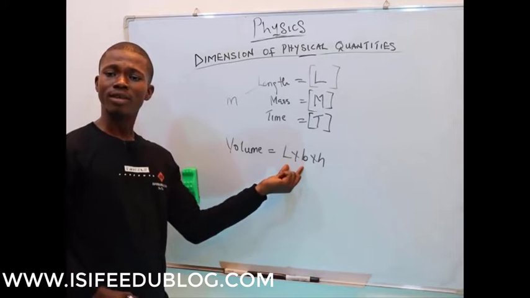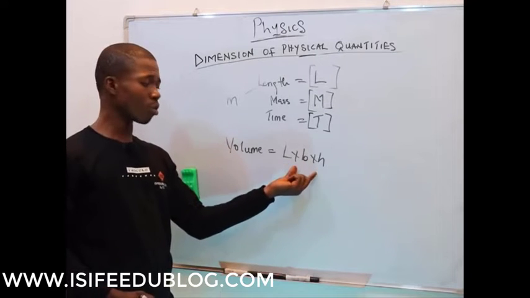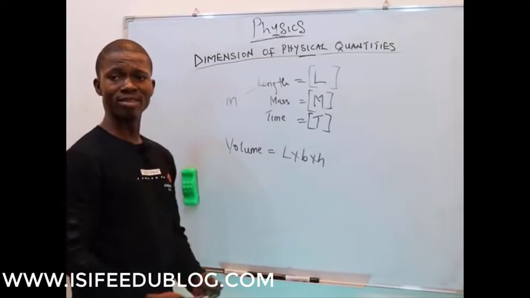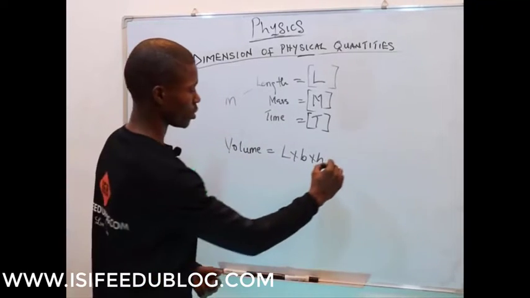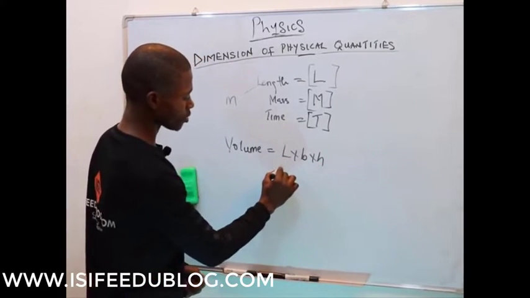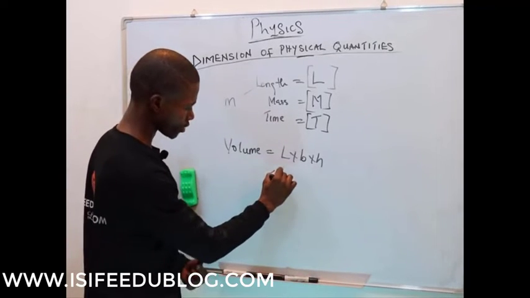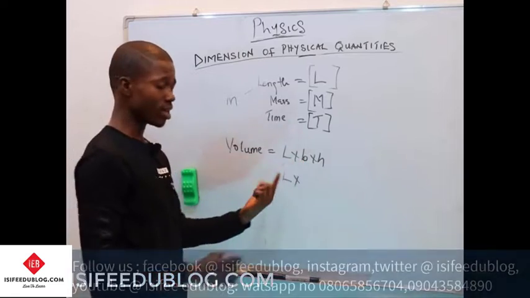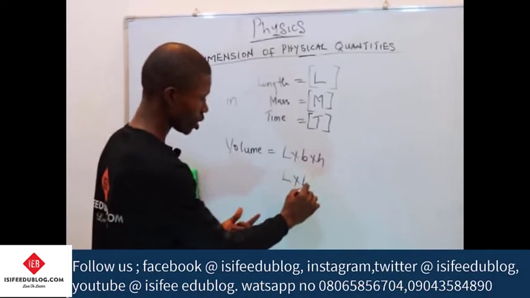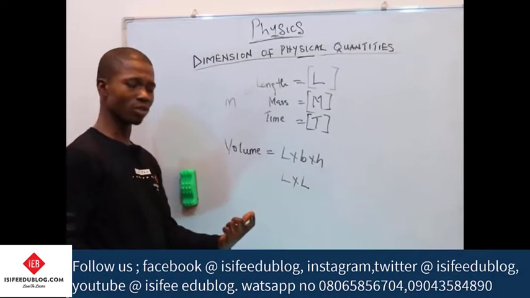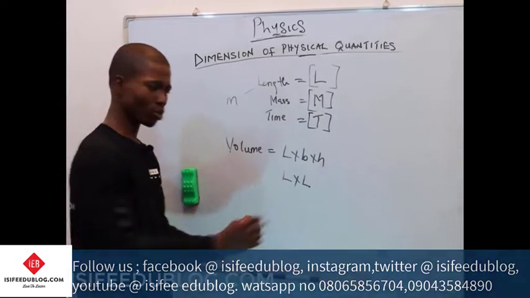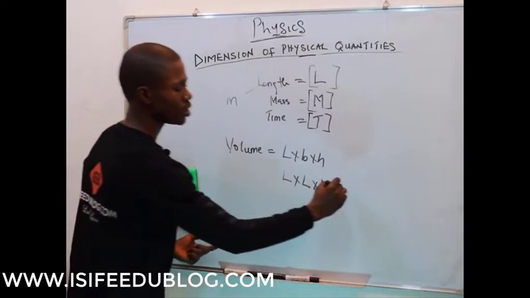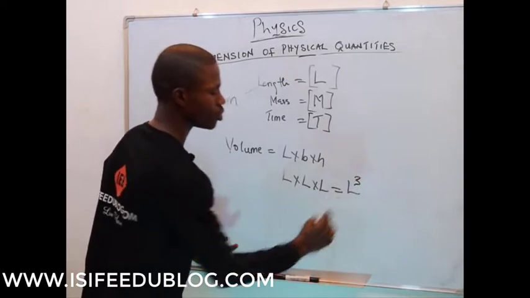From this formula, let's derive the dimension. Length is measured in terms of length and has a dimension of capital L. Breadth is also measured in terms of length and has a dimension of capital L. Height is also measured in terms of length and has a dimension of L. So the dimension for volume is capital L cubed.